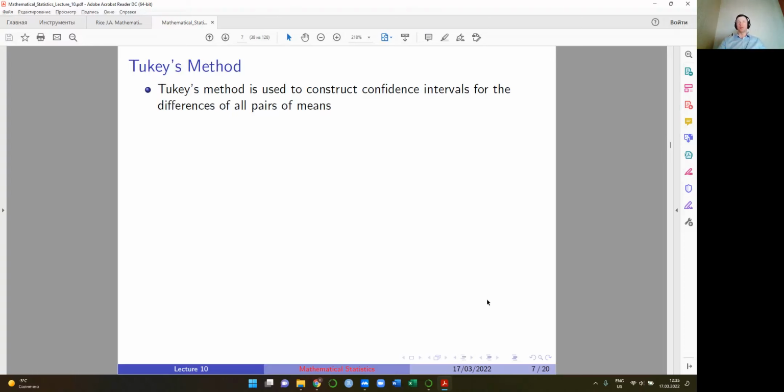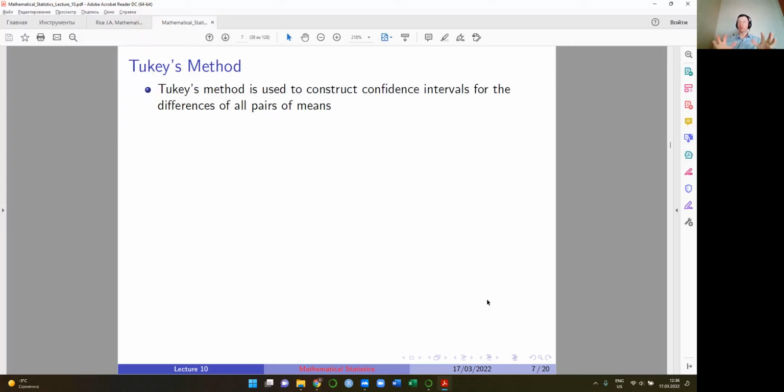We want to construct confidence intervals for the differences of all pairs of means, such that all these confidence intervals have the same confidence level, let's say 95%. As I said, if one confidence interval for the difference between well 1 and well 2 is established, this confidence interval will depend on the confidence interval of the difference between well 2 and well 3, and they all are related.